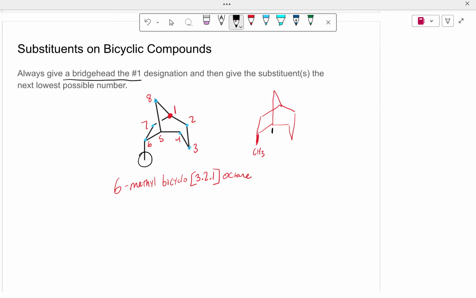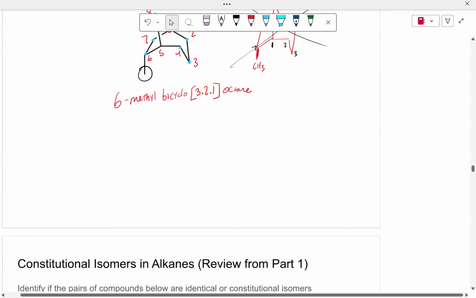If I start here and I use the same convention, remember I have to start numbering towards the longer pathway. That's going to be this direction. And when I do that, the methyl group ends up on 7. So that's why I don't use this pathway. So again, it takes some trial and error in the beginning to know which direction to go. After you do a handful of these, though, it becomes a little bit more obvious which way you should be numbering them.